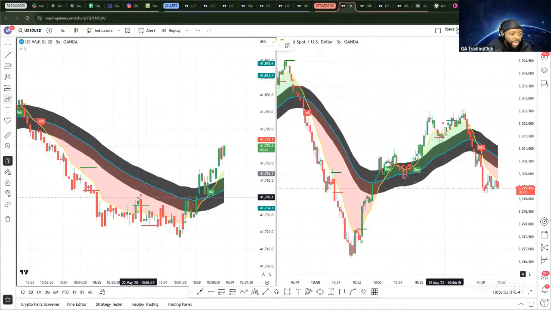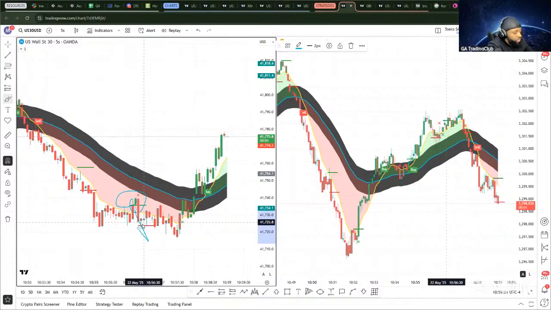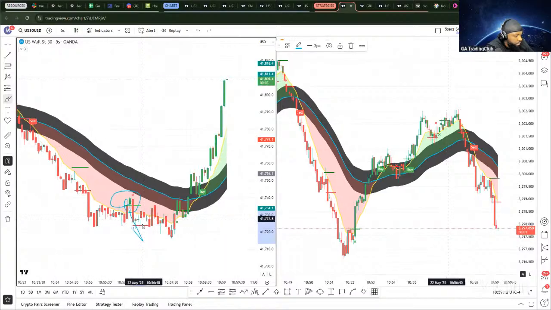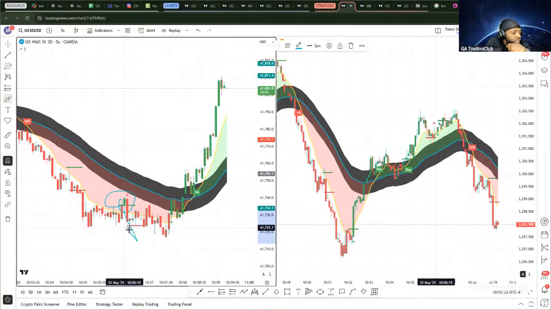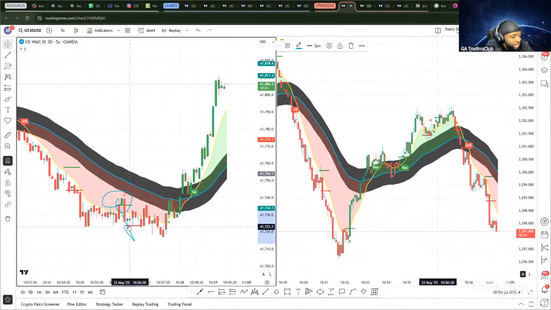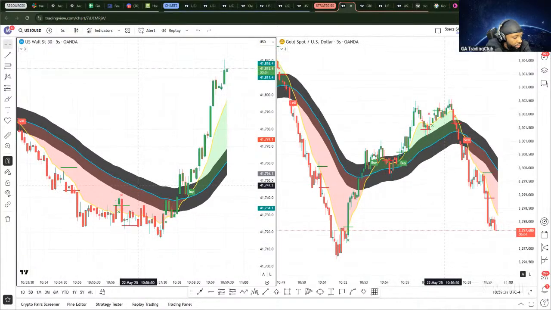If we hadn't created this crossover buy right here, we would have taken that trade, and the entry was, like, where? Down here. Yeah, it was somewhere down here, but it is what it is. Good trades overall, good day overall.